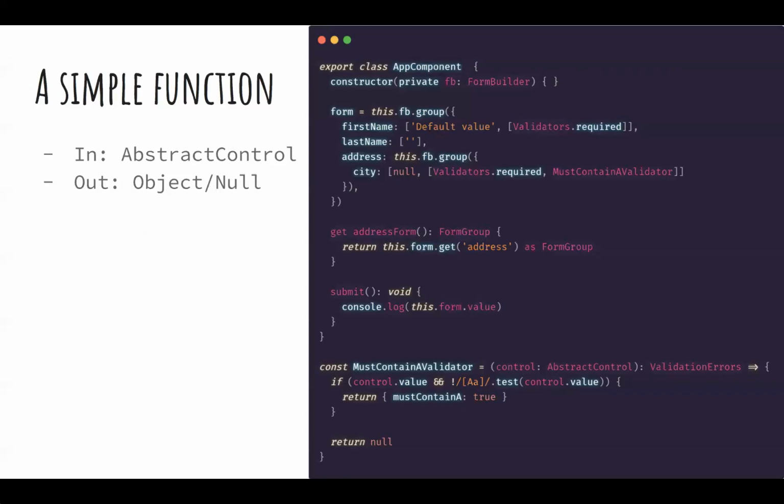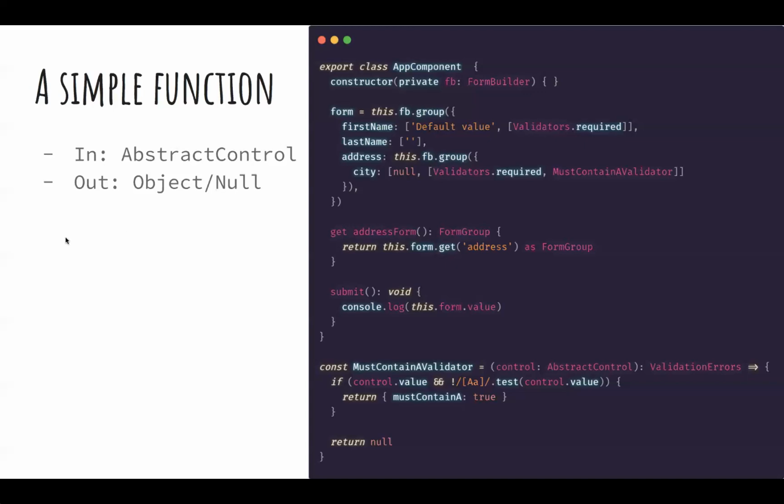And all that means is it's literally any old object. As you can see there, I've got must contain A and set the value to true. You can set that key to whatever you want. But the key name itself is important because it's what you'll use to identify that form validation error whenever it's set.